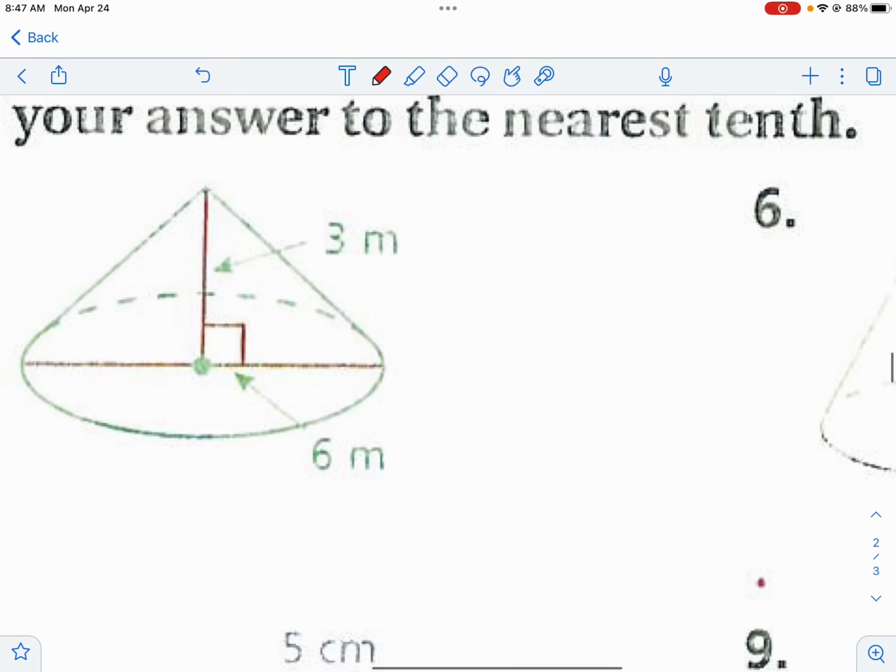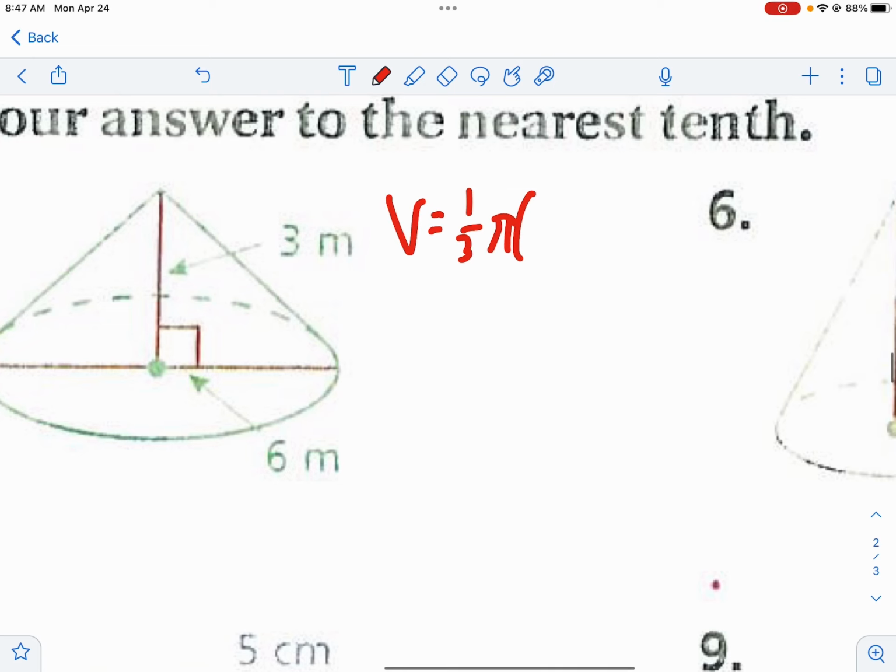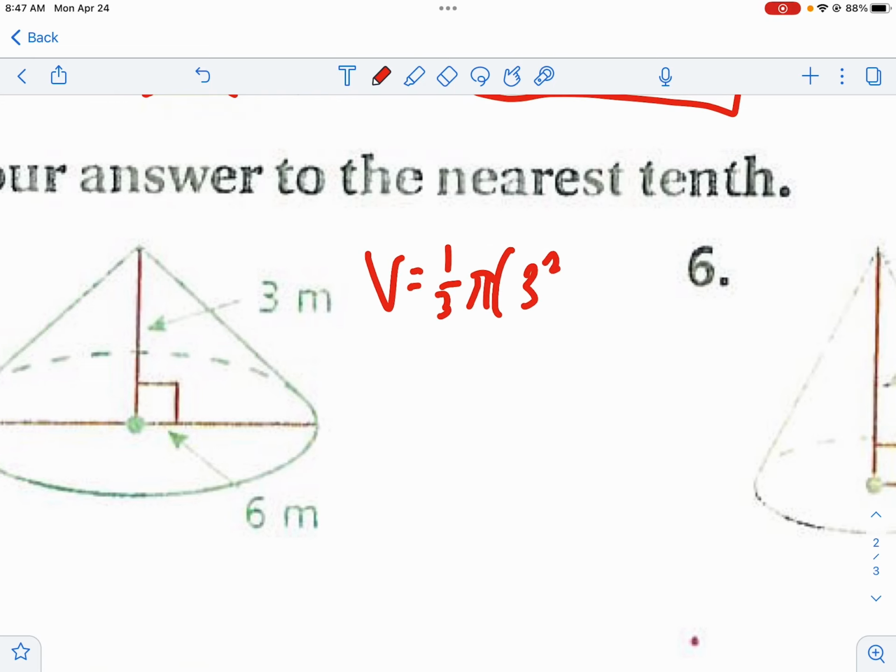Next one, V is equal to 1/3 pi. Looks like our diameter is given, so 1/3 pi times 3 squared times the height of 3. That would be 9 times 3 times pi, and I divide that by 3, and that gives me 28.3 meters cubed.